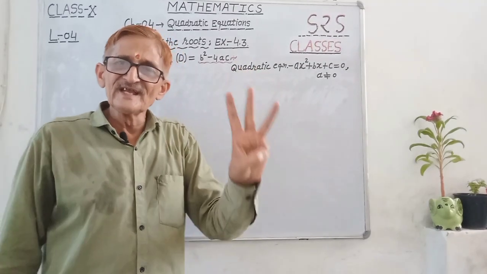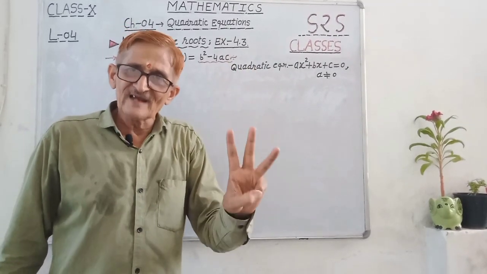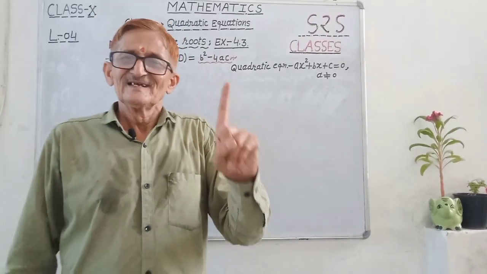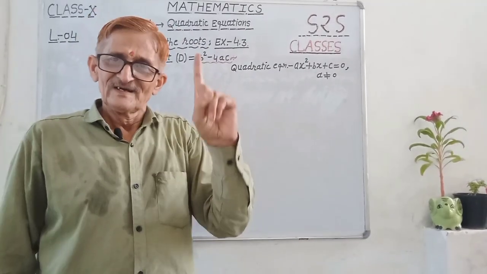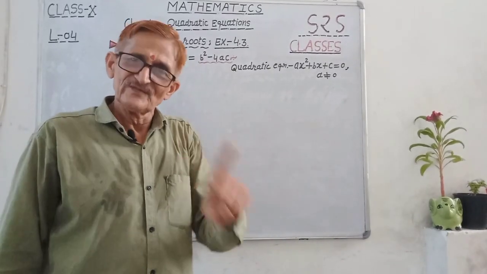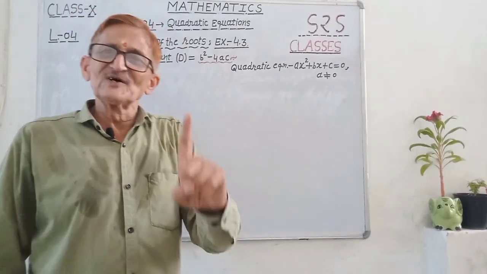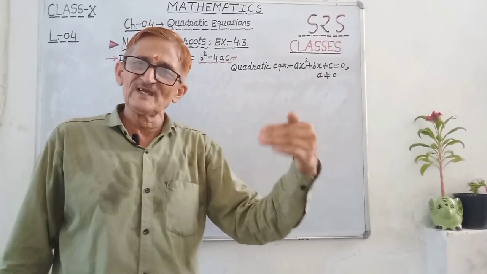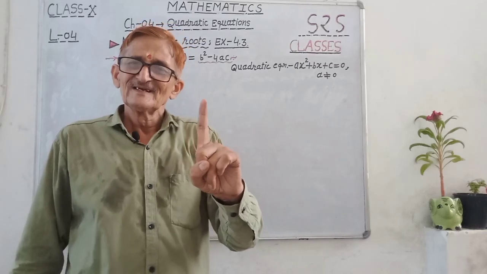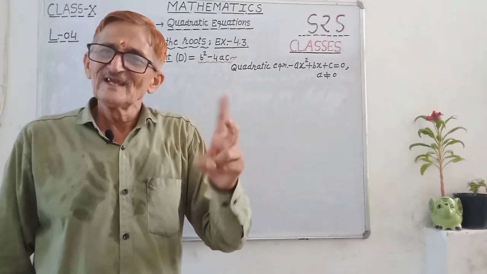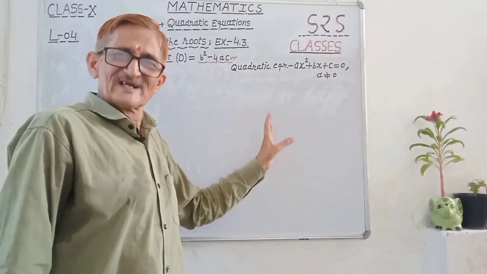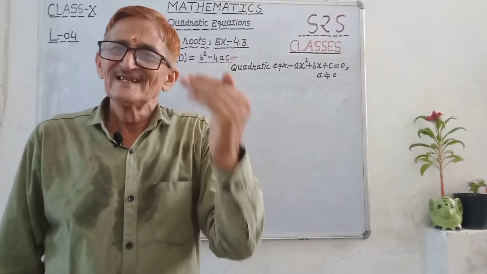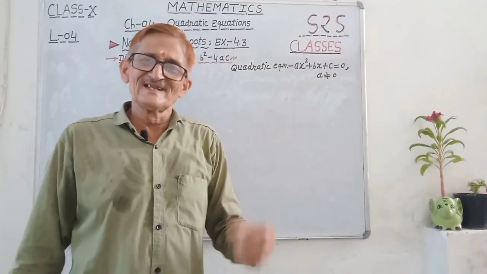So the nature of the roots depends on the values of the discriminant. If the discriminant value is positive, we can write greater than 0, any positive real number. If the discriminant value b square minus 4ac may be positive, one case. दूसरा केस, may be equal 0, discriminant may come 0. और थर्ड केस, discriminant may be negative real number, any negative real number.